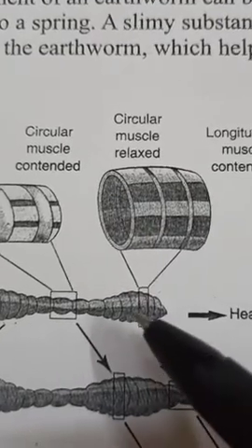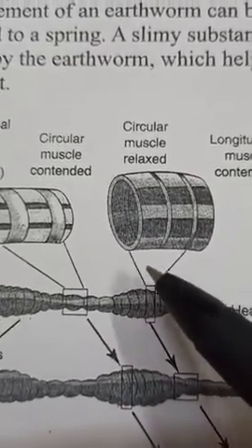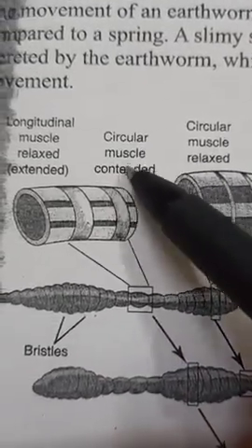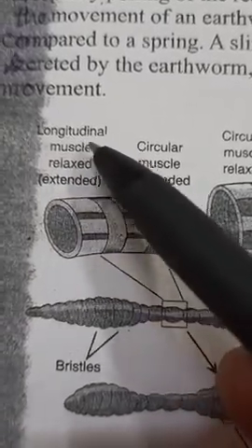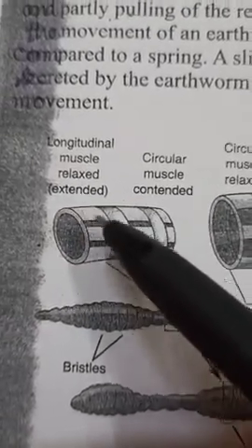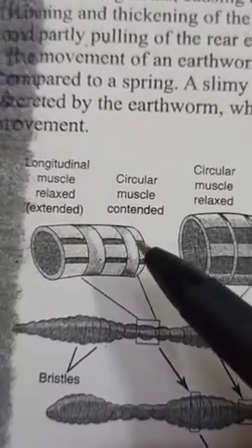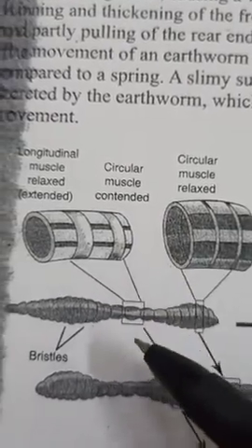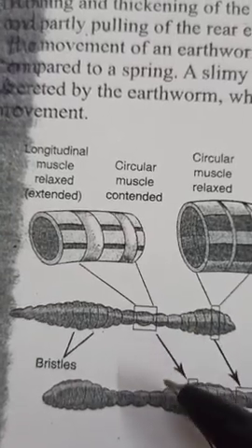When longitudinal muscles contract, at that time circular muscles relax, and when circular muscles contract, at that time longitudinal muscles relax. Okay, so by the contraction and relaxation of these two kinds of muscles, these earthworms can move efficiently.